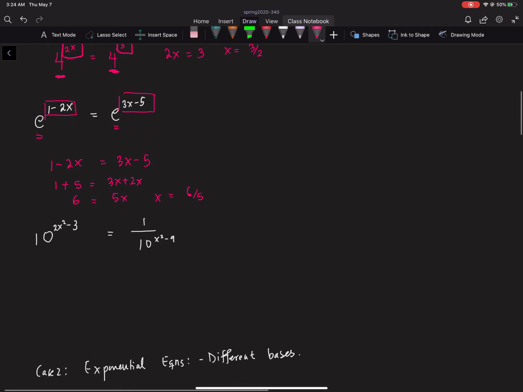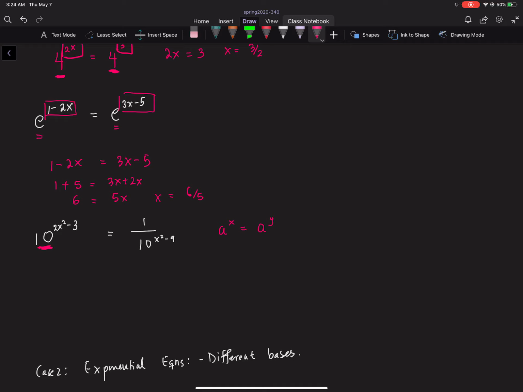Alrighty. Now let's look at the next one. So if I look at the next one, I see base 10 to the 2x squared minus 3 on the left, and on the right I have 1 over base 10 to the x squared minus 9. They are not the same because remember the rule is a to the x is equal to a to the y.